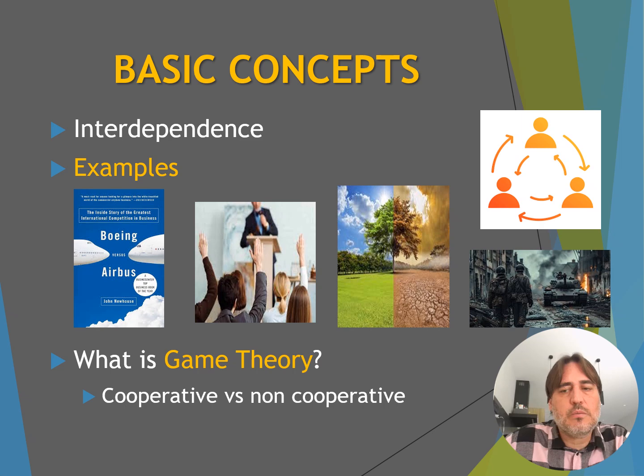The distinction between each branch is somewhat blurred, but the basic idea is that in non-cooperative game theory, the unit of analysis is the individual, while in the cooperative one it is the group itself. We will consider in the following videos only non-cooperative game theory, defined as the study of the behavior of economic agents participating in a game.